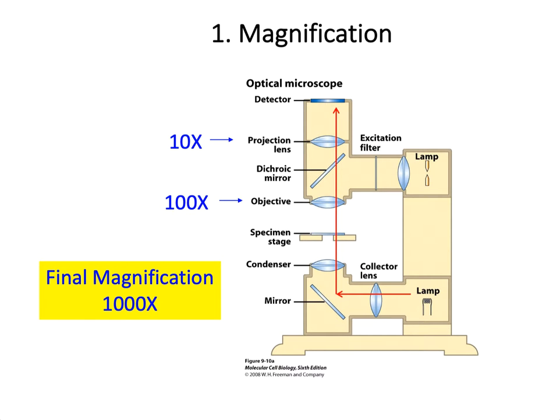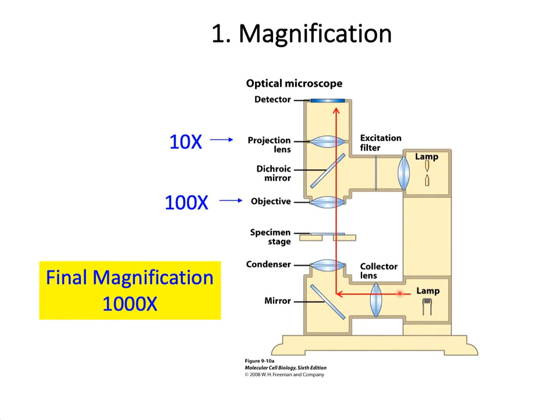Magnification is a function of the microscope the scientist uses, and in particular, it is a function of one specific lens, the objective lens. Here is a figure of a setup of a simple light microscope, or bright field microscope. The red line has been added to show the light path through the microscope.